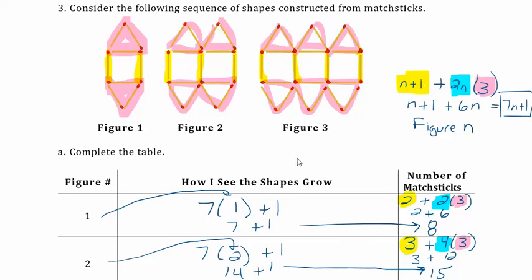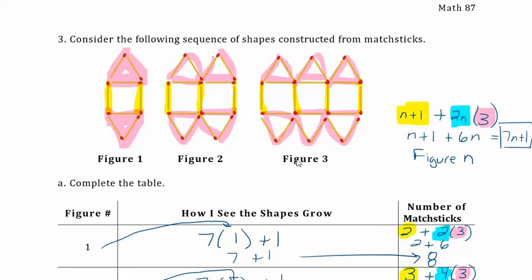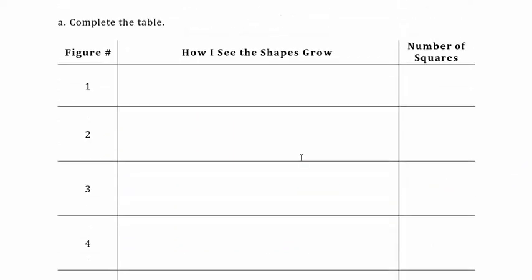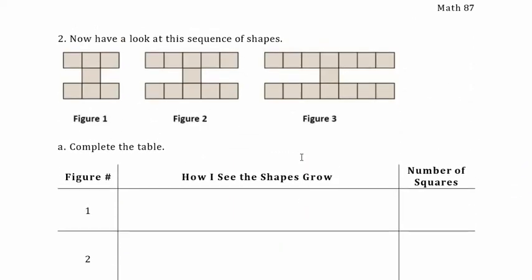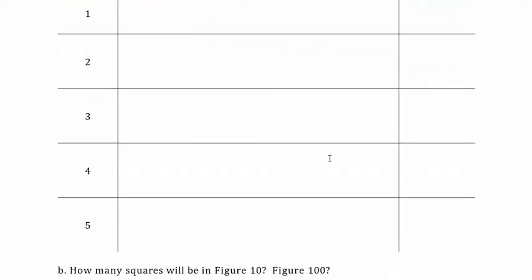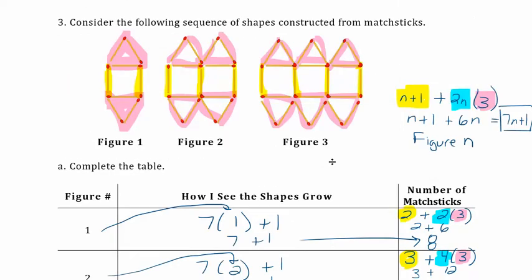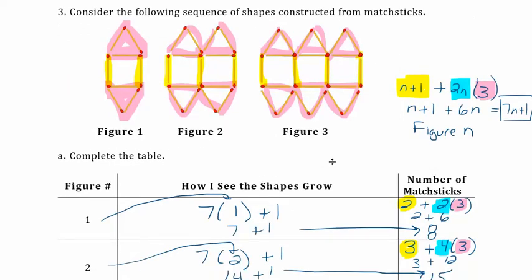Now, I didn't make a video for number 2. I had you do that one on your own, so this might be a good one to share out in our groups, how we were thinking about it. I know these are a little challenging to get used to, but just keep working at it, keep messing around with it. It's kind of fun. Think of it as a game, a little puzzle to solve.